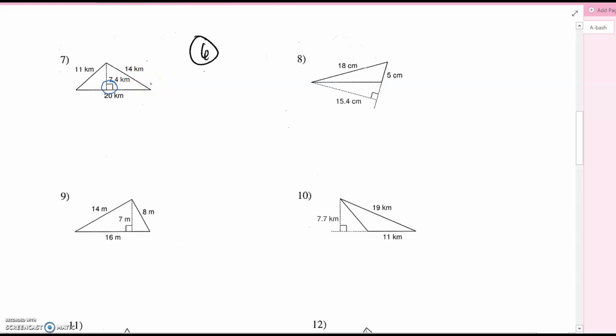A hypotenuse is not going to be a base or a height ever. Okay, so if you look here, these connected at the 90 is the 20 and the 7.4. All right, so for this one, area is going to equal 20 times 7.4 divided by 2, which is 74 kilometers squared.